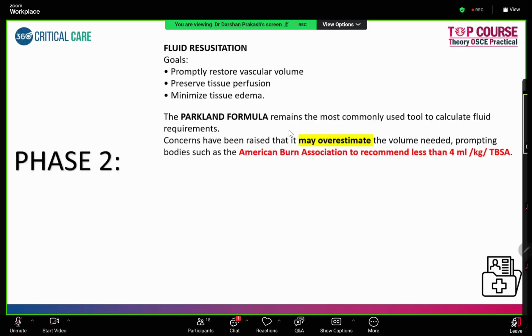Coming to phase two, that is the most important phase of burns management, that is fluid resuscitation. Usually, the goal of fluid resuscitation in burns is to promptly restore the vascular volume and preserve tissue perfusion, which minimizes end organ damage, and judicious fluid resuscitation should happen to minimize tissue edema.